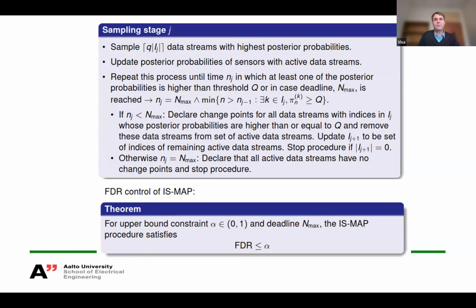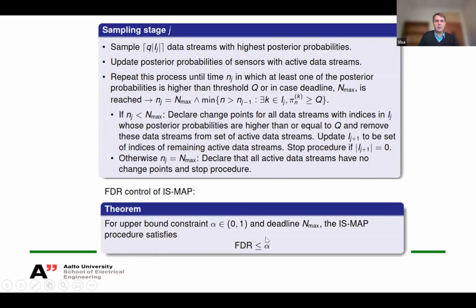If the posterior probability is higher than the threshold value, then you declare that a change has taken place and you take that stream off the list of streams to be monitored. And then, of course, there's a deadline for this decision: if you exceed n max, all the data streams that you are actively monitoring are declared to have no change, and you stop the procedure.